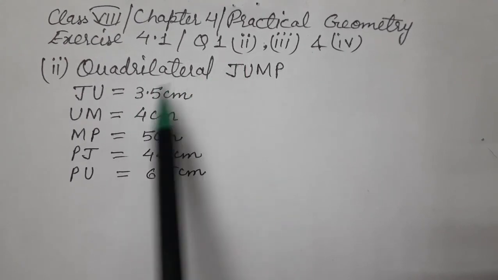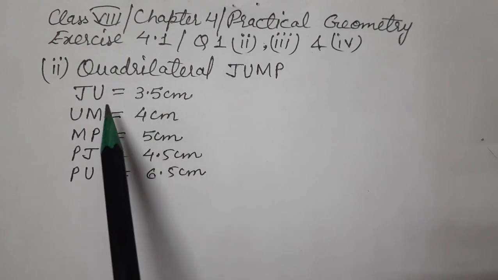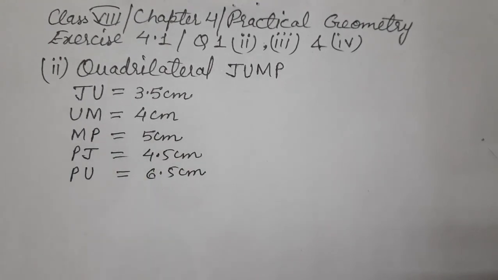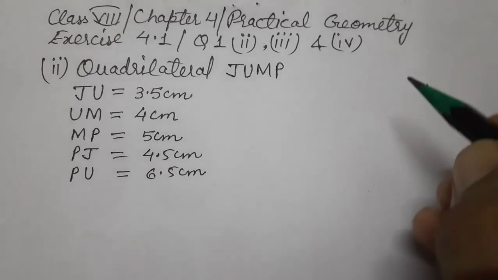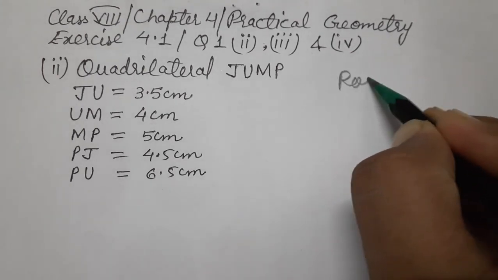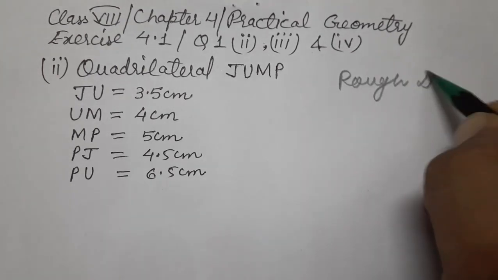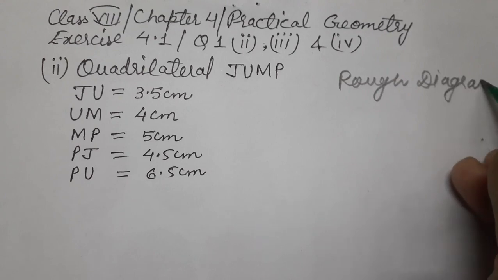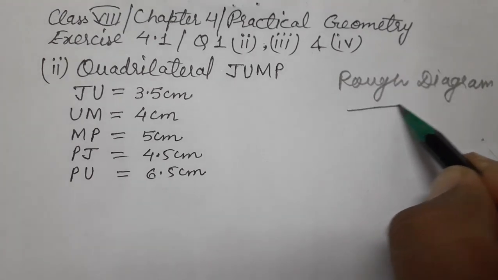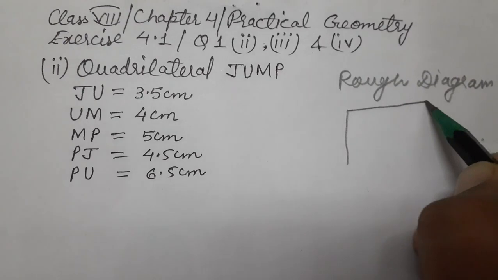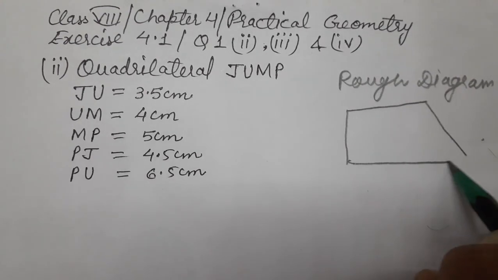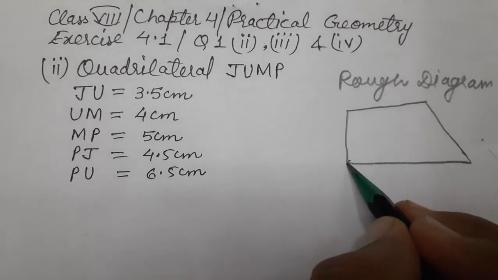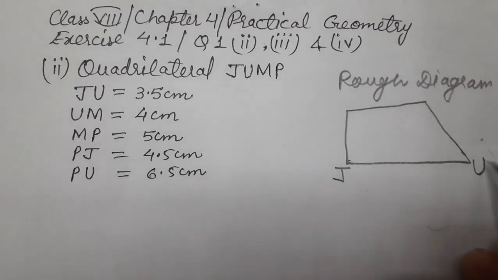Quadrilateral JUMP, JU 3.5. These measurements are given to us. Now first of all we have to make the rough diagram, and only then will we make the fair one. So let's make one quadrilateral. Any one we can make, with any measurement, just marking it without measuring.